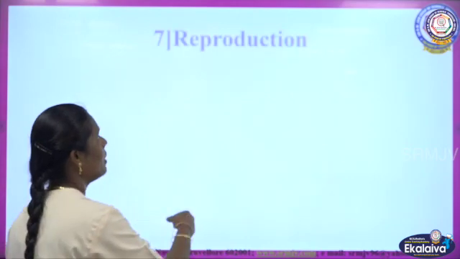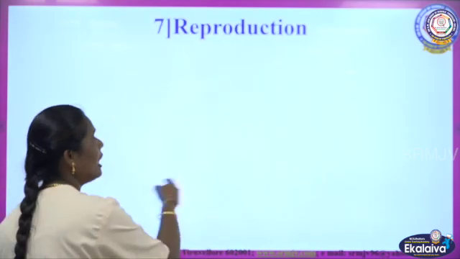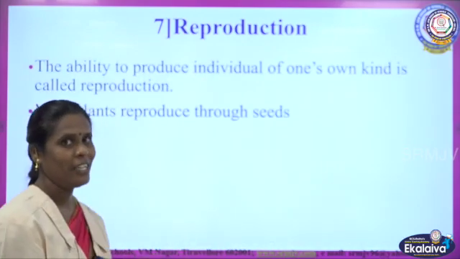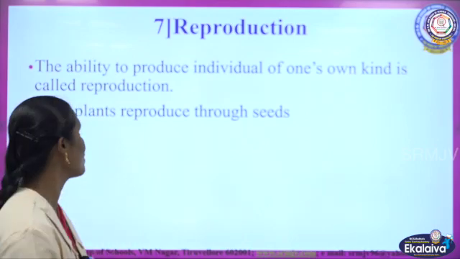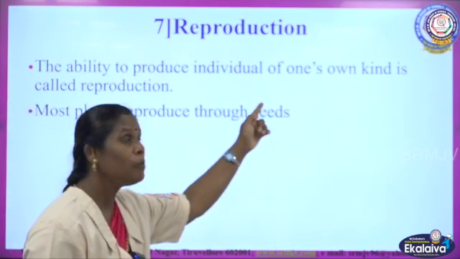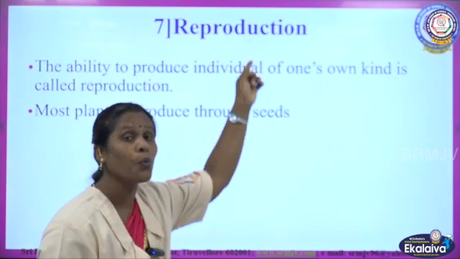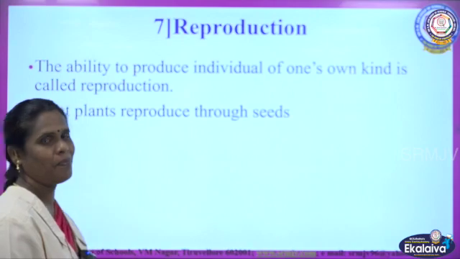Next, reproduction. Reproduction is very, very important. How it reproduces, living things reproduce. The ability to produce individuals of one's own kind is called reproduction.